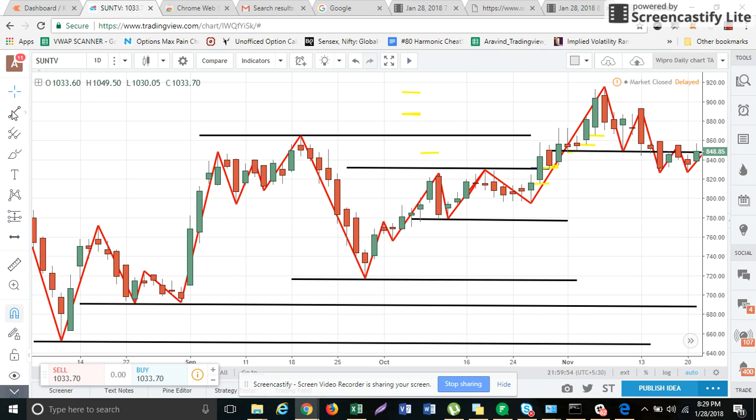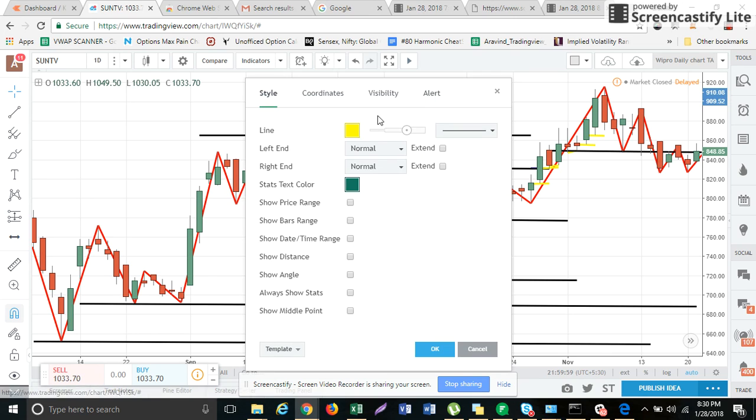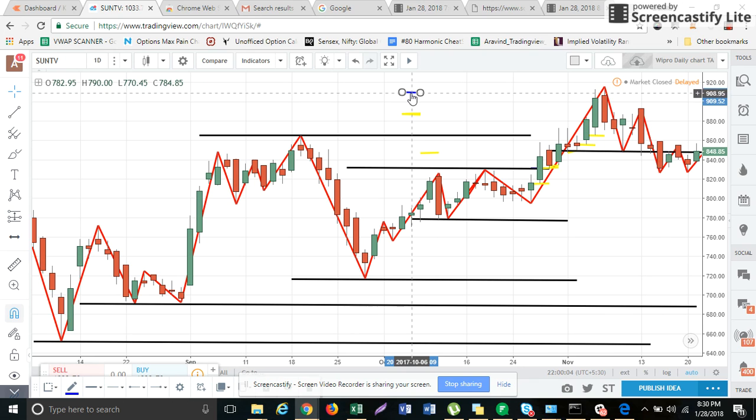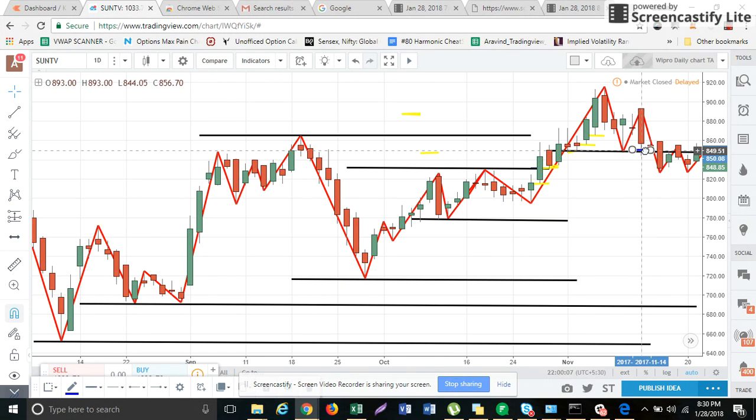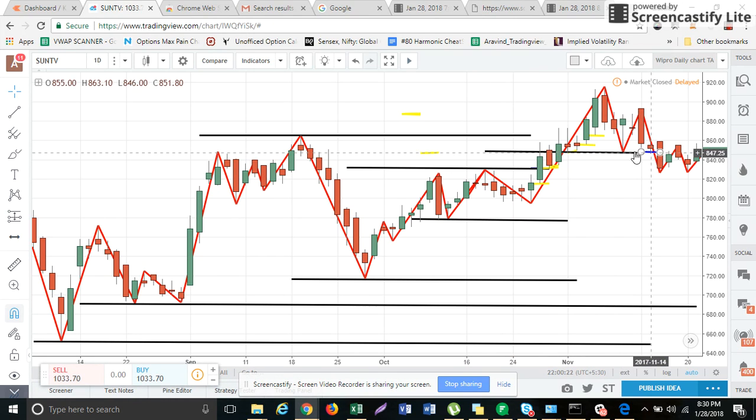So let's put that here. So we entered a trade at this particular level, and our stop loss is 863.10.